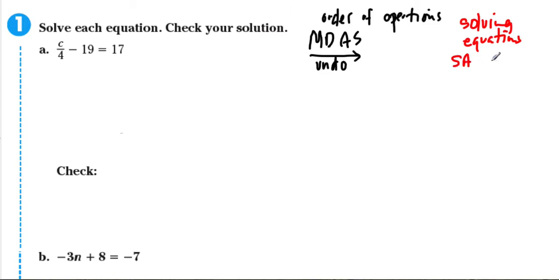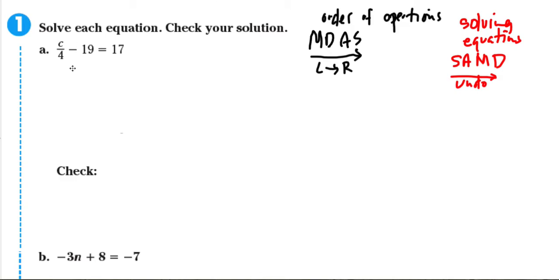So we undo subtraction and addition before we do multiplication and division. Left to right. Okay, so when you're solving equations, instead of MDAS, you do SAMD. You undo subtraction and addition before you undo multiplication and division. And let's see how this works for this particular problem.